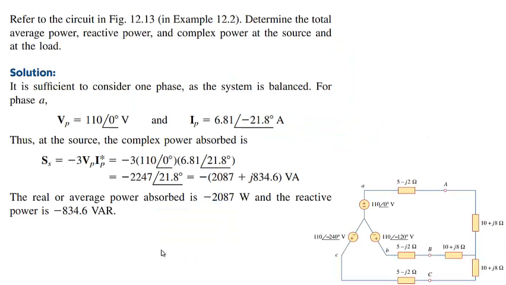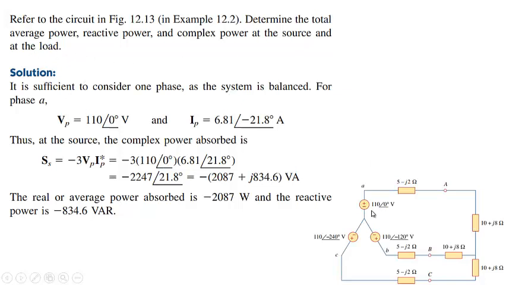Now let us try to understand this by doing one numerical on the same circuit which we have just described. In this case, we need to find out the value of average power, reactive power, and complex power at the source end and at the load end.